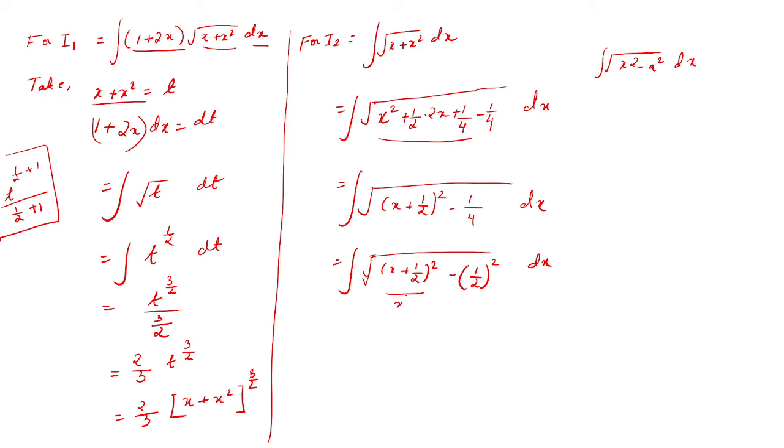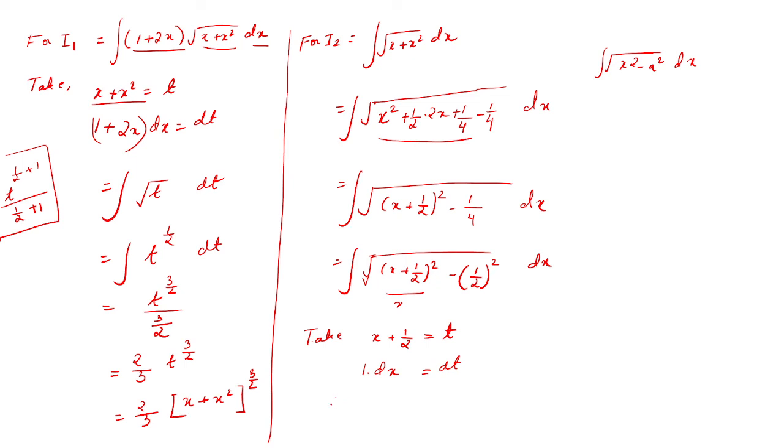So if you want, you can always take the differentiation. In order to clarify the doubt, I'll just take x plus 1 by 2 as t and differentiate this. So x plus 1 by 2 is equal to t. Differentiation of this will just leave you with 1 into dx. Differentiation of 1 by 2 is going to be 0, and dt.